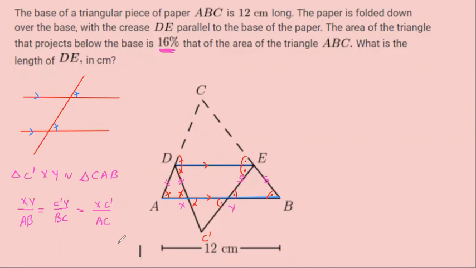So when you take the ratio of the similarity like this, then we can square this ratio to find the ratio of the areas. I'm going to actually do that. If I square this one, or this one, or this one, this has to be equal to the ratio of the areas.